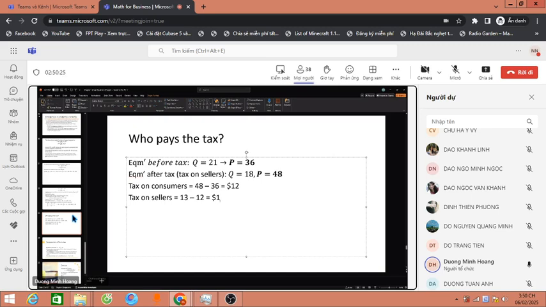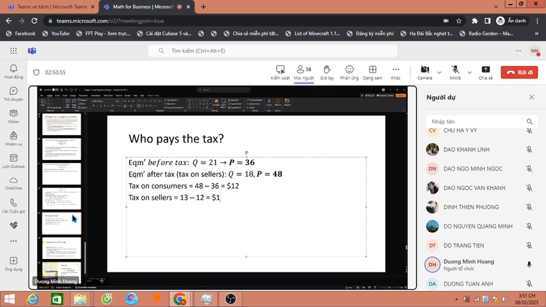In most cases, sellers do not push all the tax to consumers because they are afraid that will scare consumers away and they will receive less profit. So in most cases, sellers do not push all the tax burden to consumers, but they have to push some tax burden to consumers.